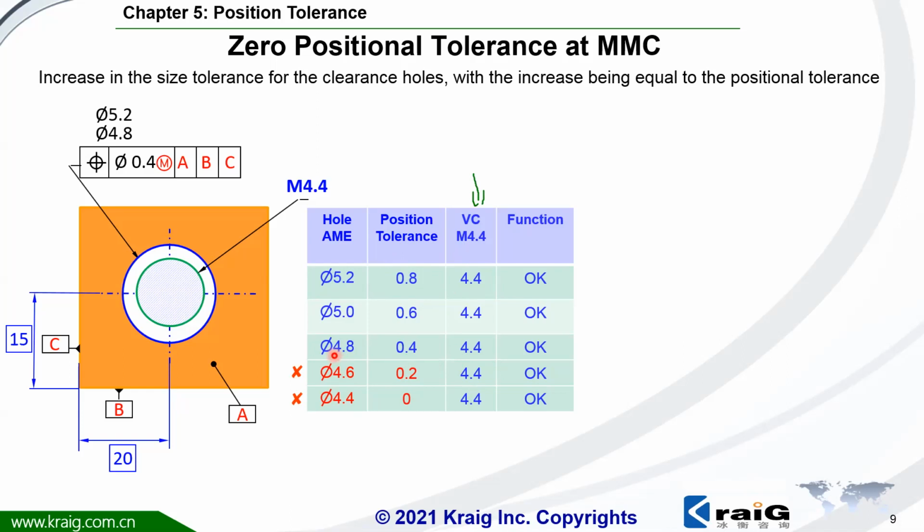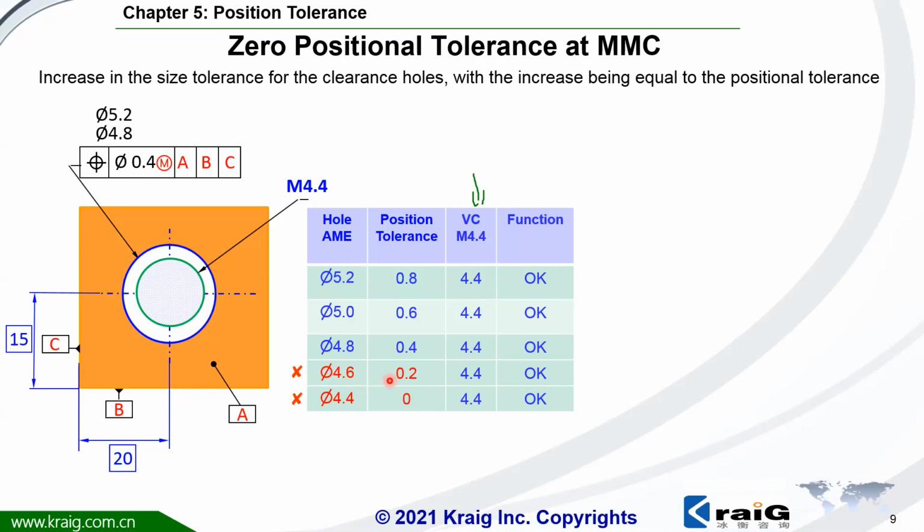Next, what about if the hole size is 4.7 or 4.6? If the hole size is smaller than 4.8, that means it's out of tolerance, right? The minimum is 4.8. If it's 4.7 or 4.6, it's out of tolerance. But there's a possibility the function of this part will be okay. Why? Look at the position tolerance.